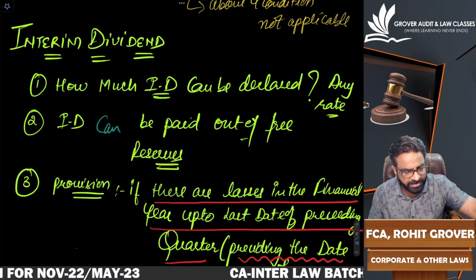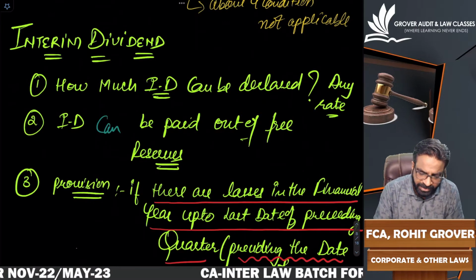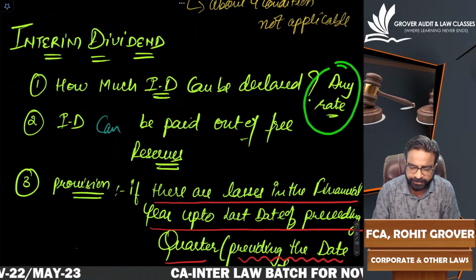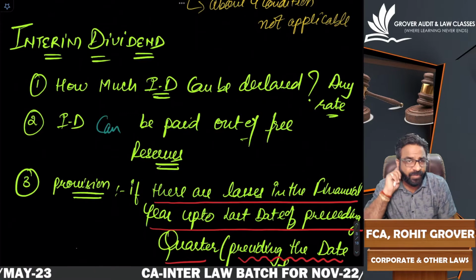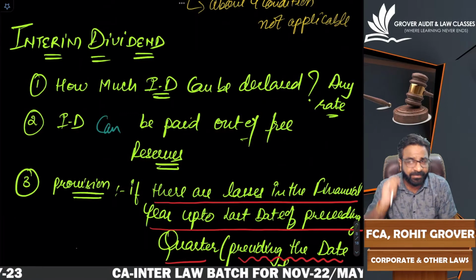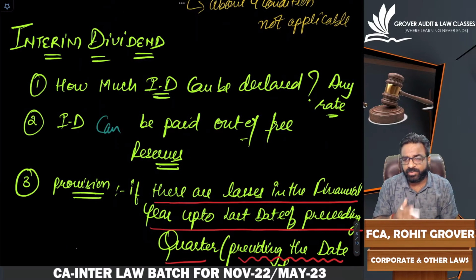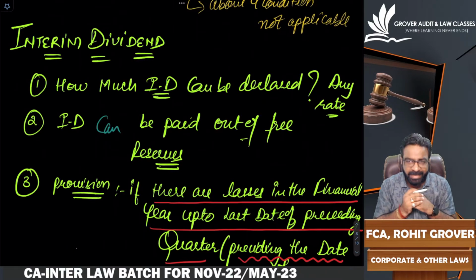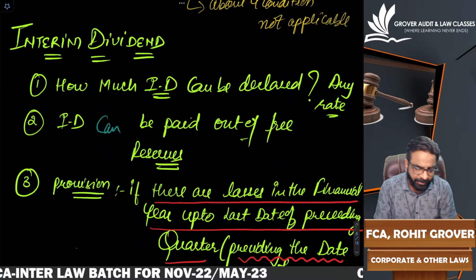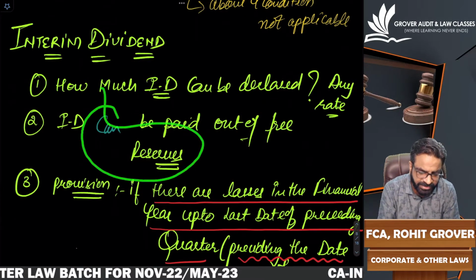How much interim dividend can be paid? What is the rate? Any rate. Why any rate? Because interim dividend is not a dividend paid at the AGM. So interim dividend can be paid at any rate. Interim dividend can also be paid out of which reserves?